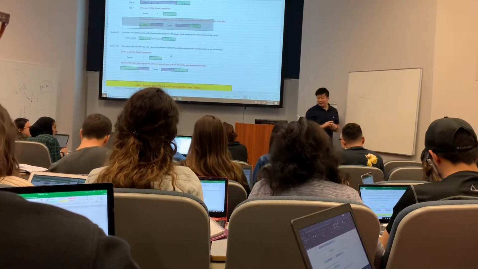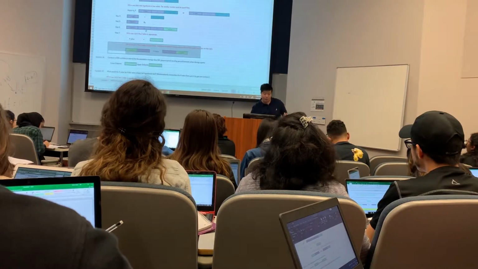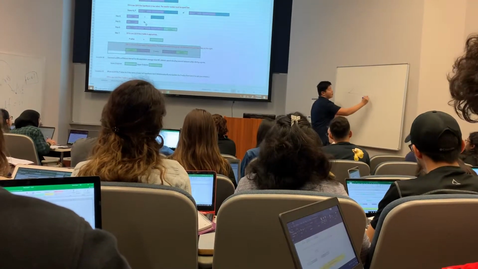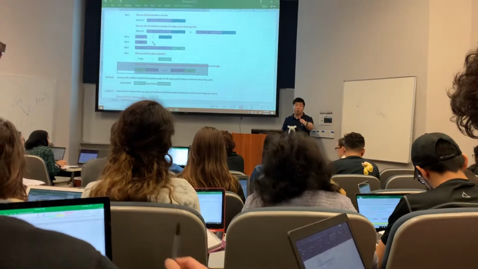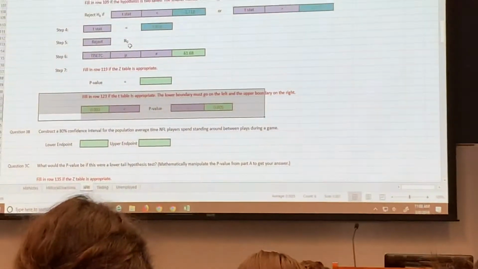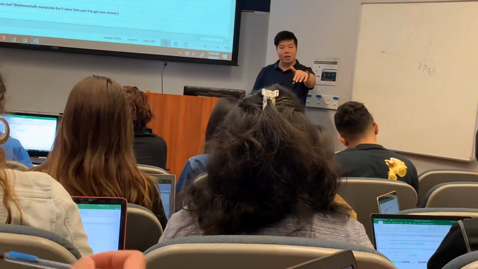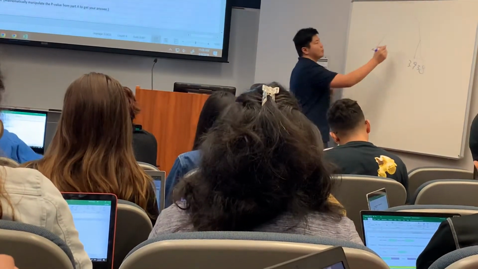If I have lower tail task, where's my t-crit? Okay, my t-stat is positive 3.938. If this were a lower tail task, then what is the direction of my p-value? It's to the left or to the right? To the left.